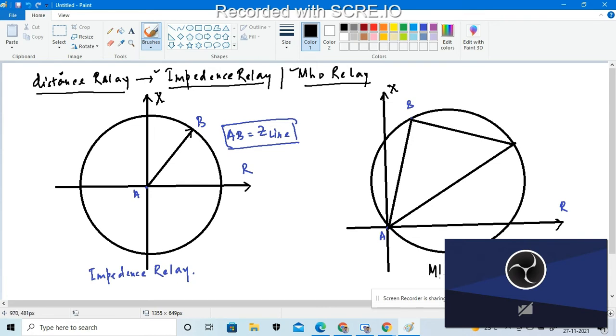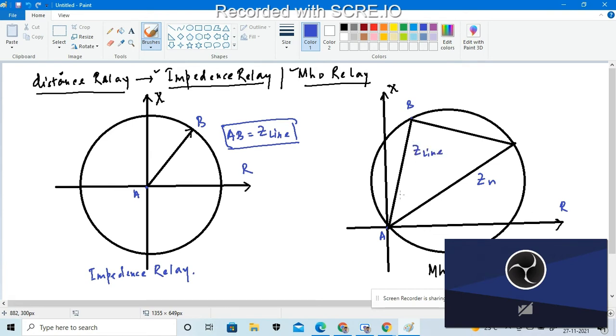This is my mho relay, vector representation. This will be my x-axis and this will be my r-axis. This should be considered as my Zn for the infinite values, and that is my Z line.